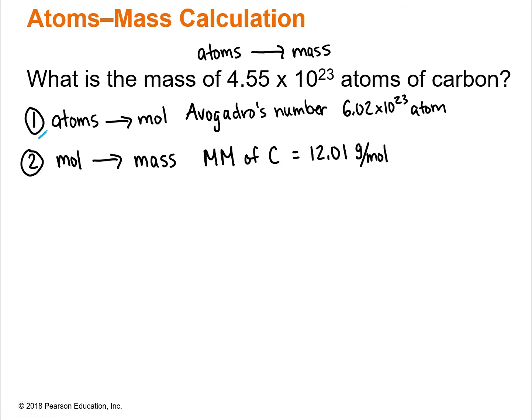I'll write each part of the equation in a different color so you can kind of track it. So the first part, we're taking the number of atoms we have, which is in the problem, 4.55 times 10 to the 23rd carbon atoms. We need a unit factor to get us from atoms to moles. So where am I going to put Avogadro's number? The top or the bottom?